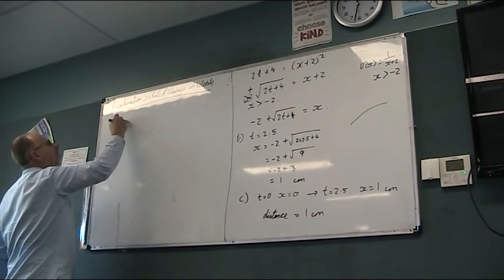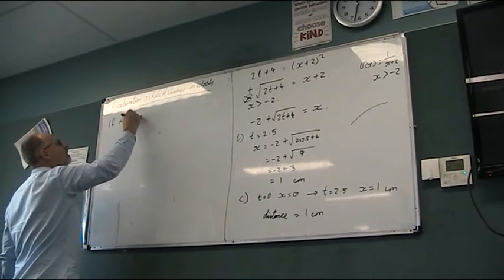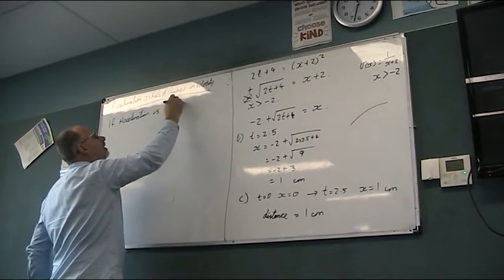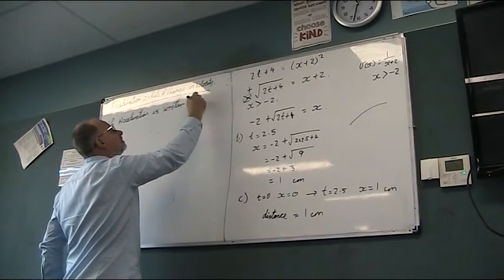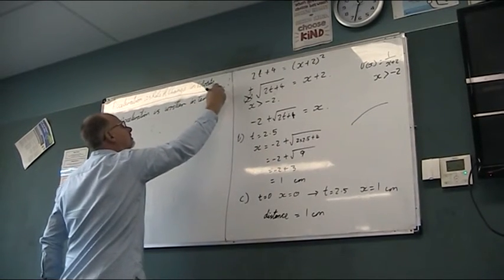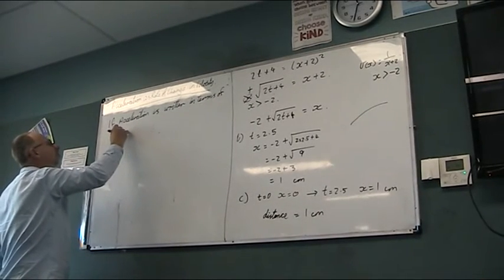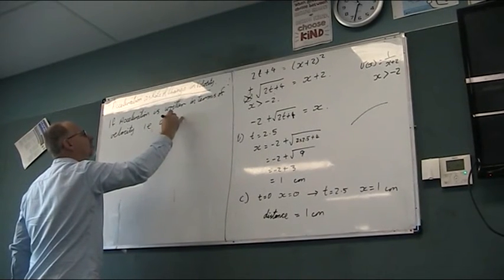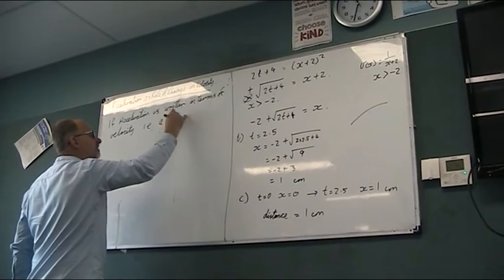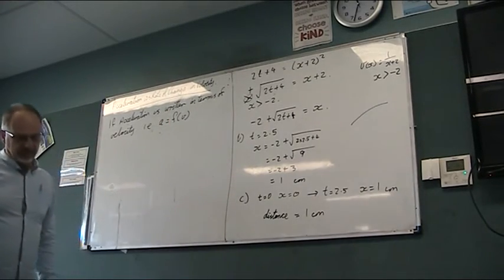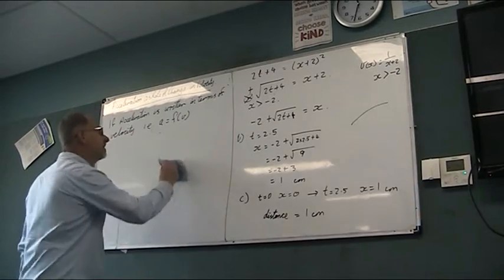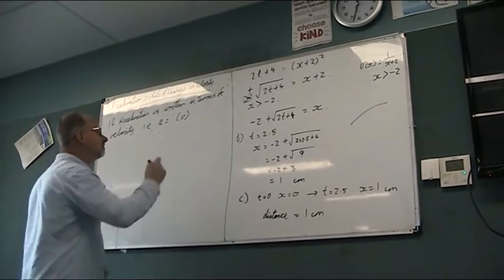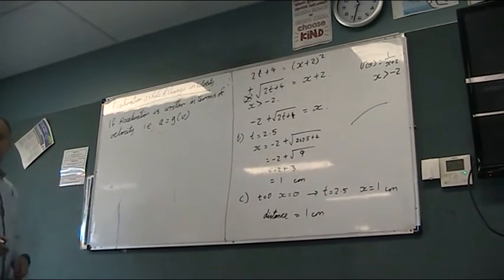So if acceleration is in terms of velocity, that is a equals some function of velocity. Can I use g here so we don't get confused from what I did before? Is that all right? Some function in terms of the velocity.